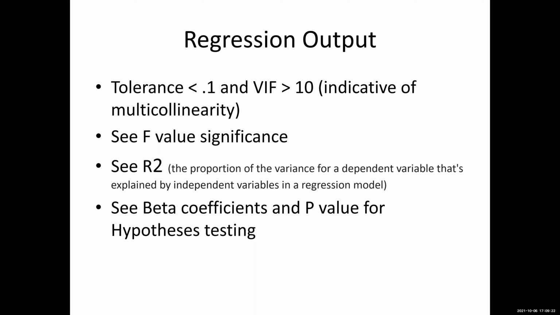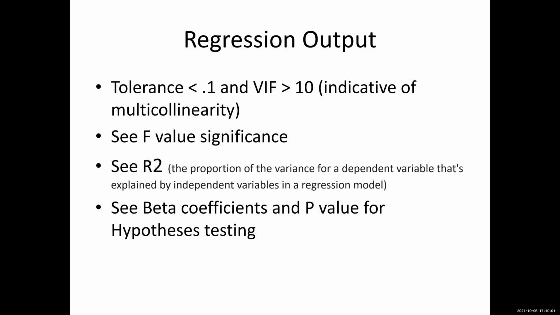If the tolerance value is less than 0.1 and VIF is greater than 10, that is indicative of multicollinearity in your data, which means that you have to drop one of the variables to reduce the multicollinearity, or the independent factors which you have hypothesized are redundant, are related to each other. So this is something which people take very seriously, the multicollinearity issue. So you have to check this.